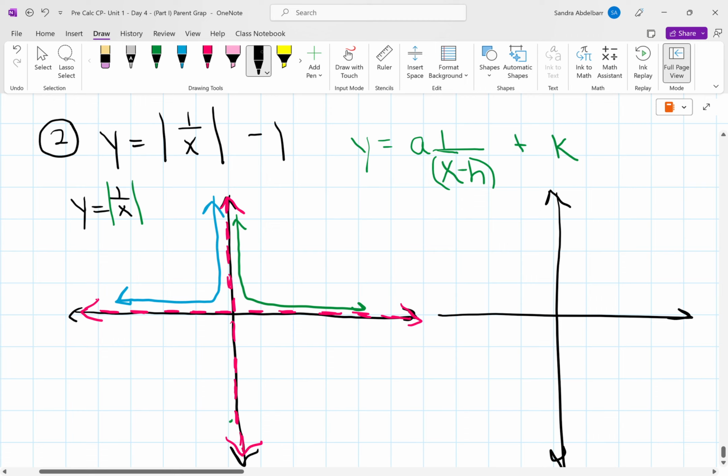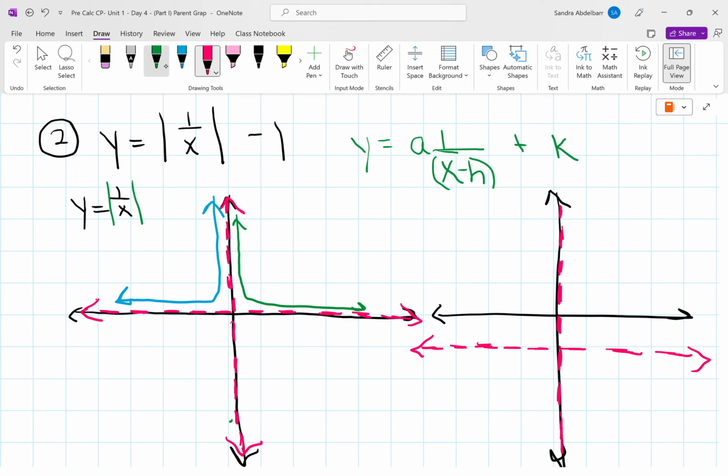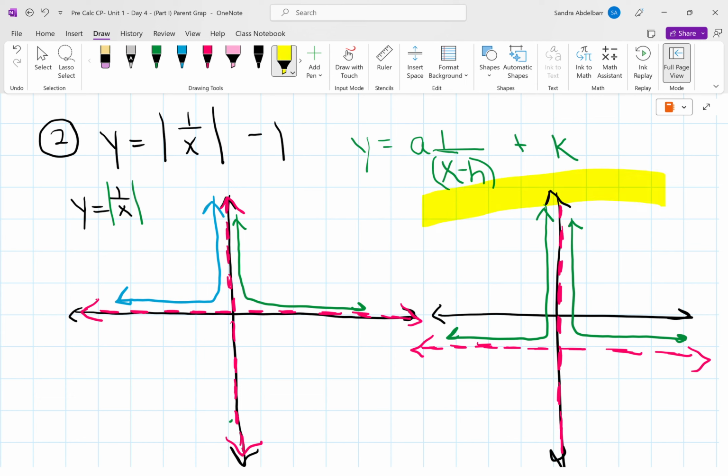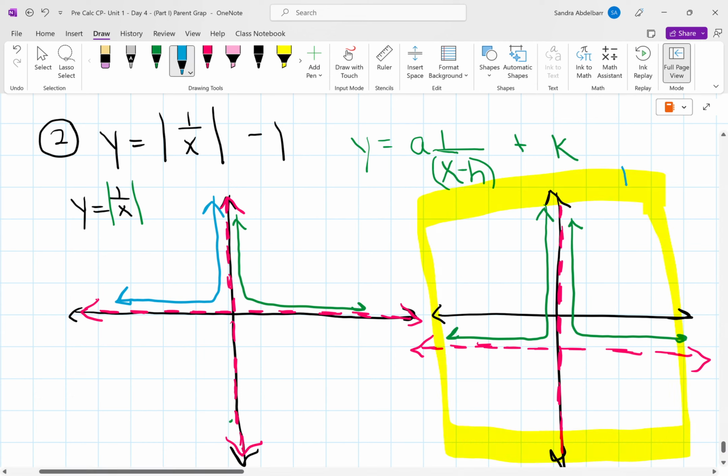So let me show you our new graph when we do that. So my vertical asymptote stays the same. But now my horizontal asymptote is not on the x-axis anymore. Now it's 1 unit down from the x-axis. And our curves are still in the same spots, just shifted 1 unit down. This is our final answer.